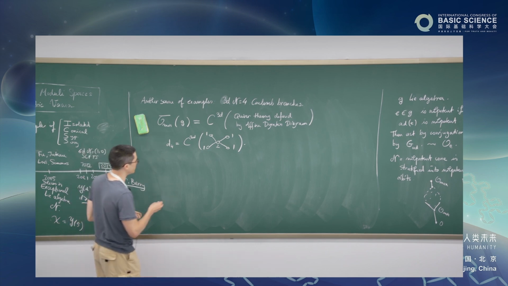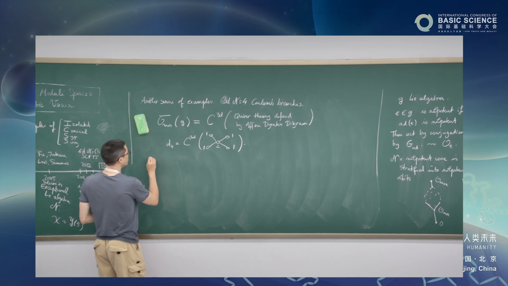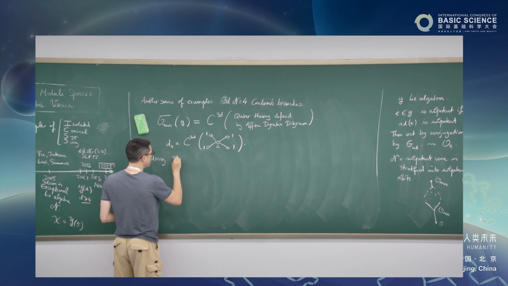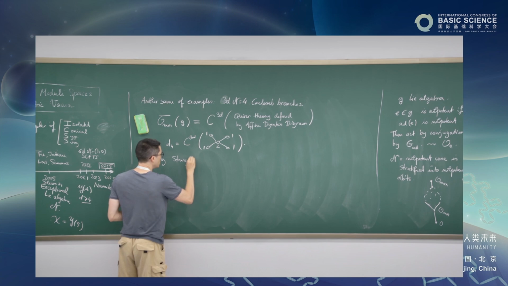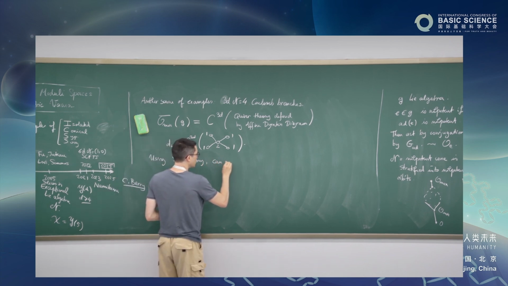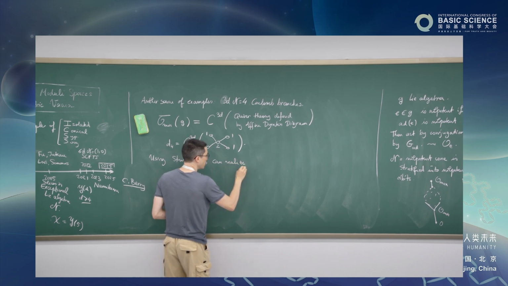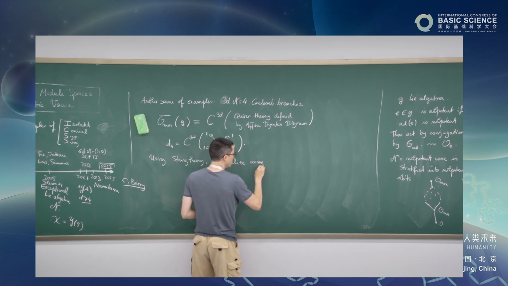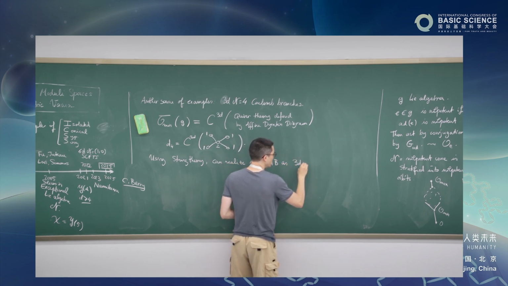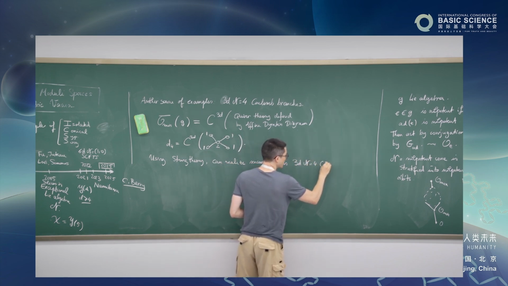So for instance, using techniques from string theory, we can realize many Higgs branches as 3D N=4 Coulomb branches.